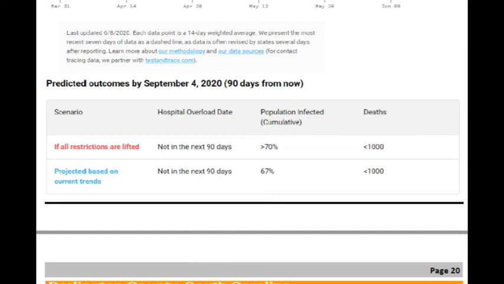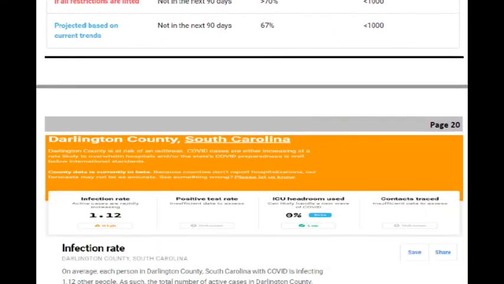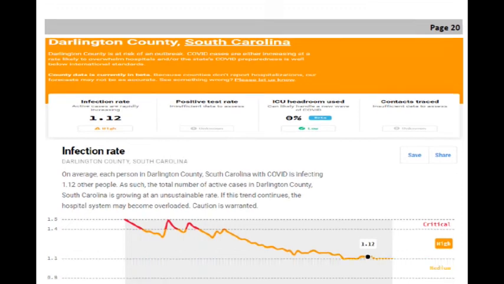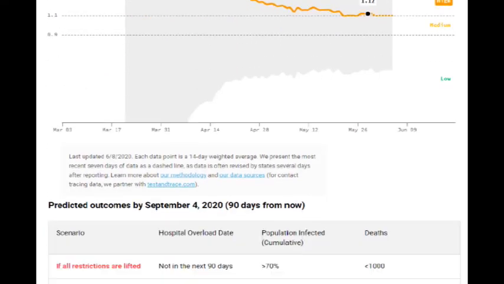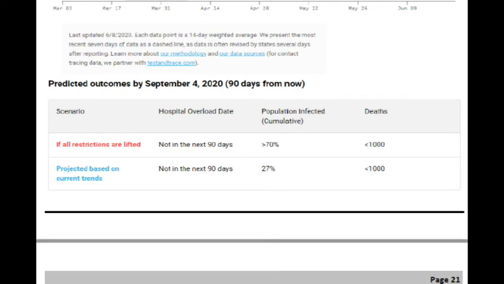The next county is Darlington, also at risk of an outbreak, with an infection rate of 1.12. The model is projecting that a much lower percentage of Darlington County residents will be or will have been infected.